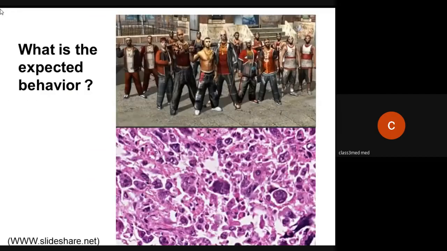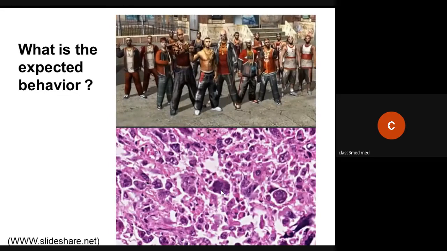Like this picture. Okay? In this tumor, the cells within this tumor look bad. They are pleomorphic, different in shape and size. You see there are small tumor cells, large ones, spindle, oval, polygonal cells, and bizarre cells. So what is the expected behavior from such a tumor? The tumor cells look bad.